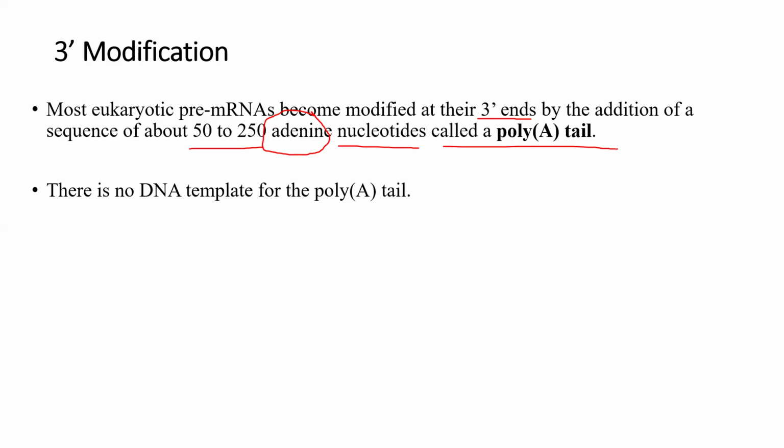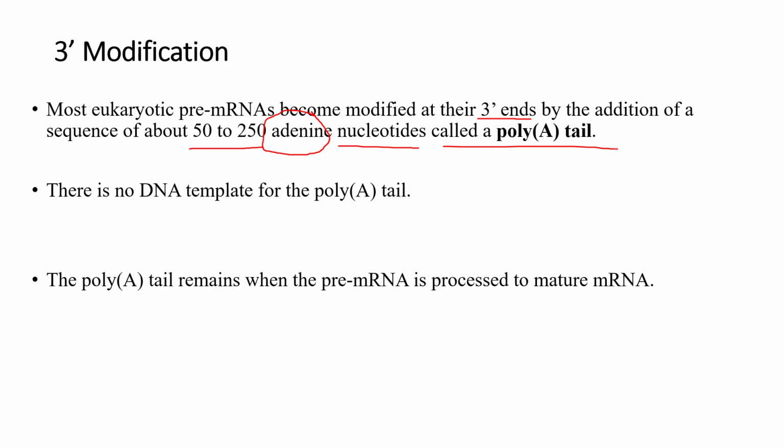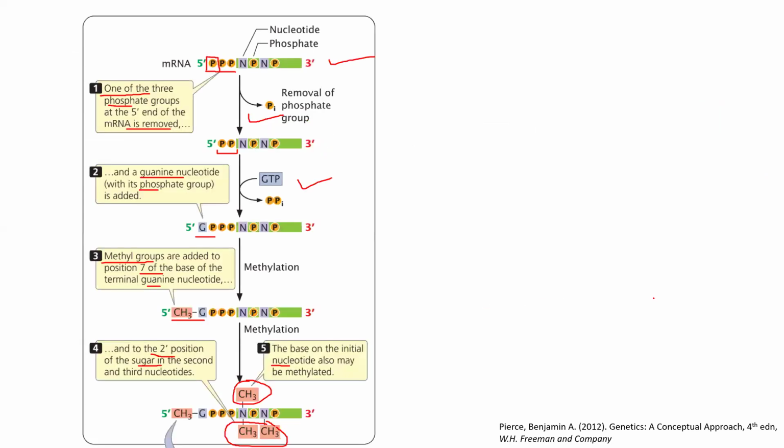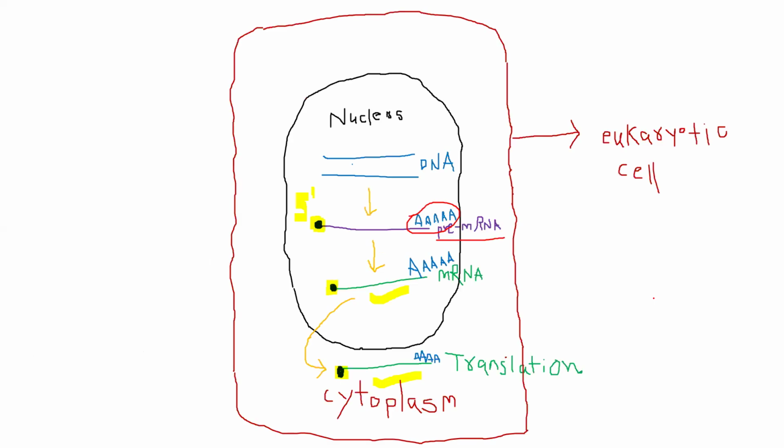There's no DNA template or no information in the DNA for the poly A tail. The poly A tail remains when the pre-mRNA is processed to the mature mRNA, and it's there in the mature mRNA.